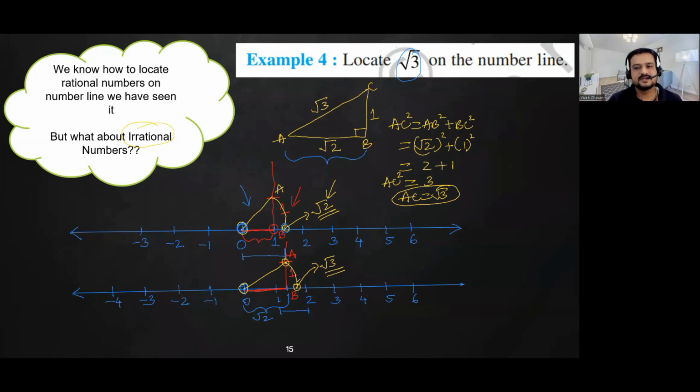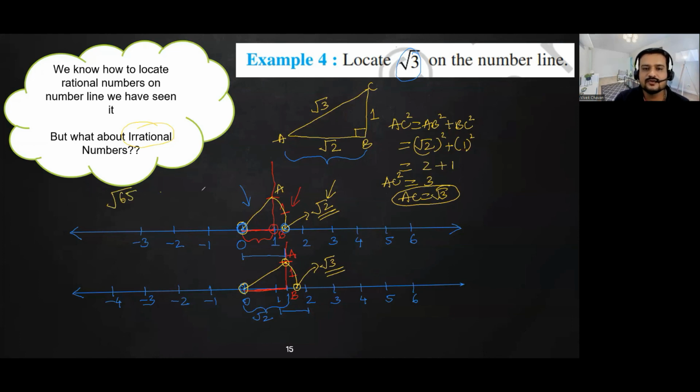This is the only method, Arya, to locate irrational numbers on the number line. There is no other method. Suppose you want to locate under root 65.